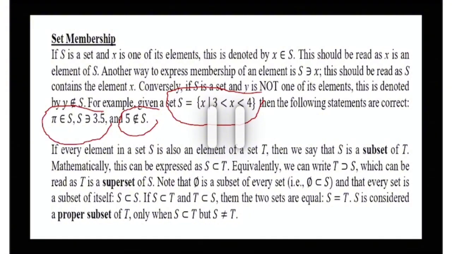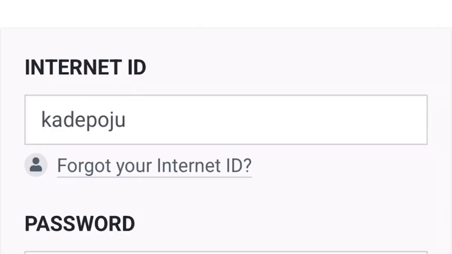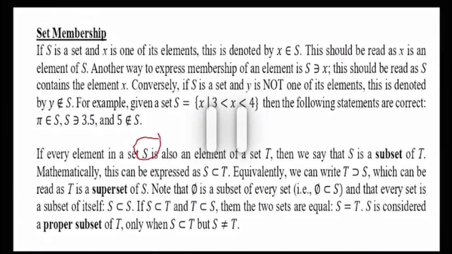Now I'm not talking about members anymore. I actually want to talk about, for instance, I have a set A and I have another set C. If every element in a set A is also a member of a set T, I'm going to give you an example.